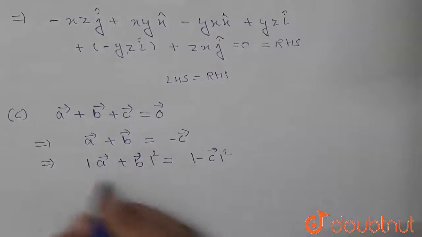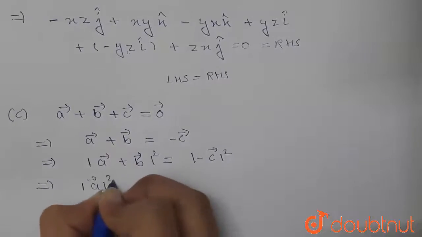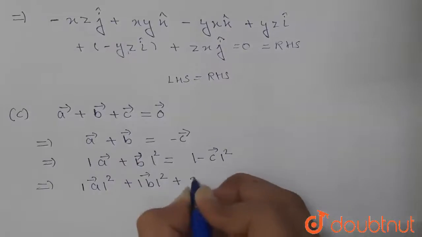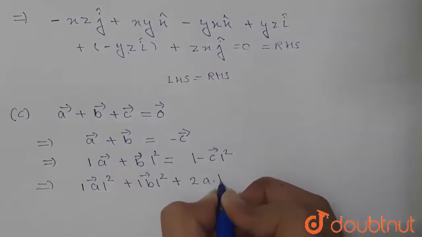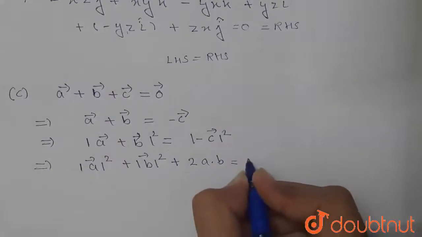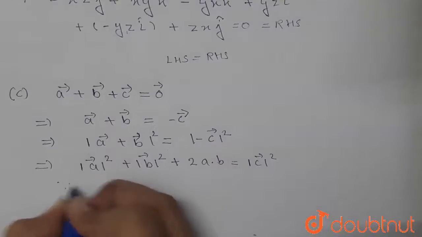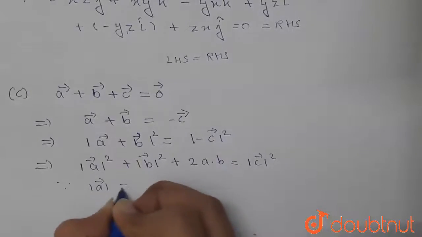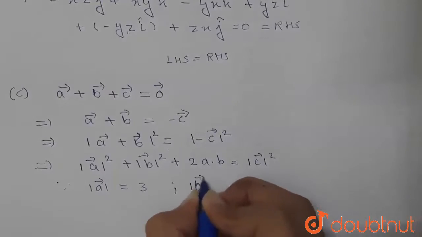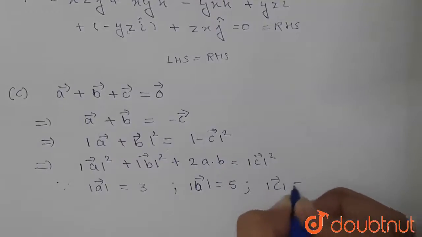This will open like this: mod of A vector square plus mod of B vector square plus 2 into A dot B vector, and this is equal to mod of C vector square. Now we are given that mod of A vector is 3, mod of B vector is 5, and mod of C vector is 7.